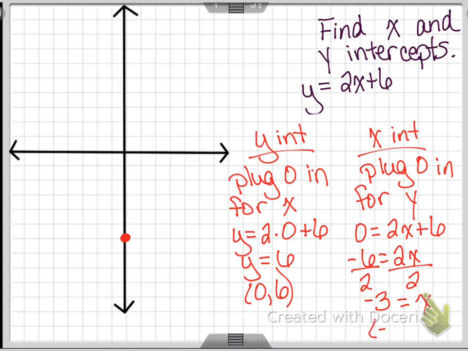So my ordered pair is -3, 0. Now, let me go ahead and do that. -3, 0. Woo! You guys didn't tell me I messed up. It's okay to tell me I messed up. 0, 6 is positive, so it should have been above the x-axis. Okay, -3, 0 goes right here. So here's my line.